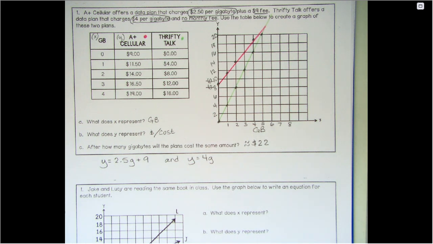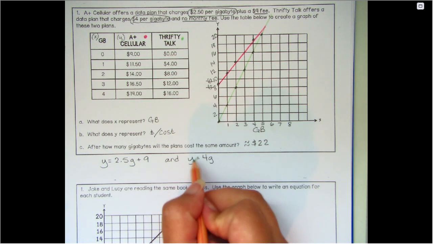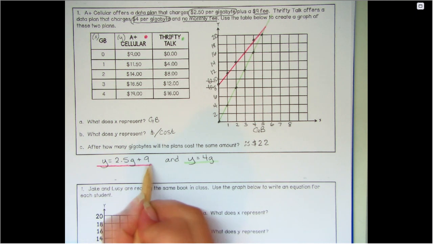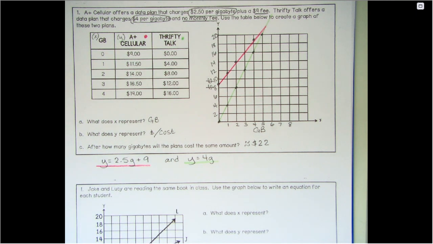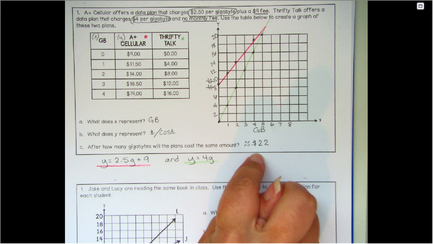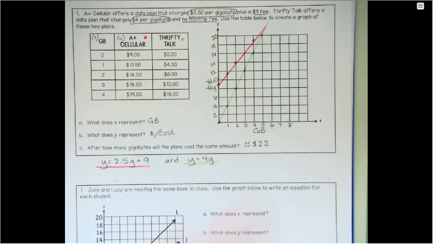There's no fee, so you don't need the plus 0. That is unnecessary. With that information, you could use substitution, elimination, any of your other tools to find out exactly how much it'll be when those meet up.